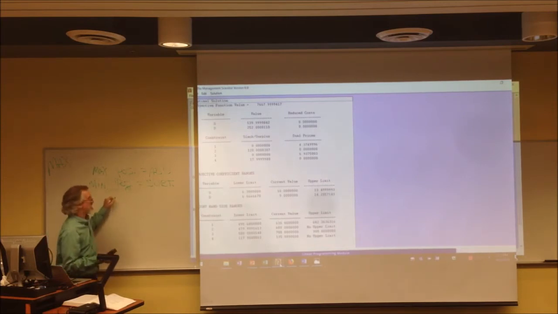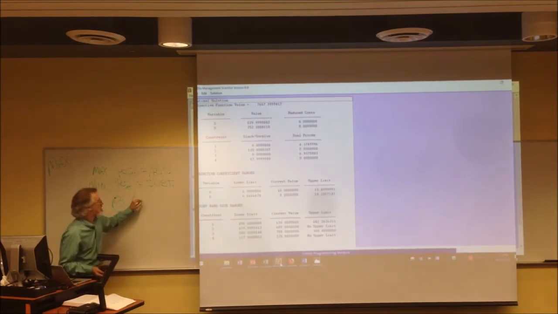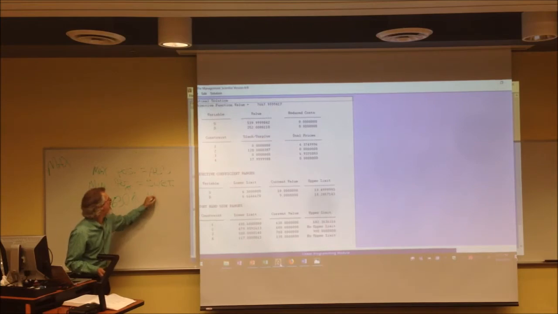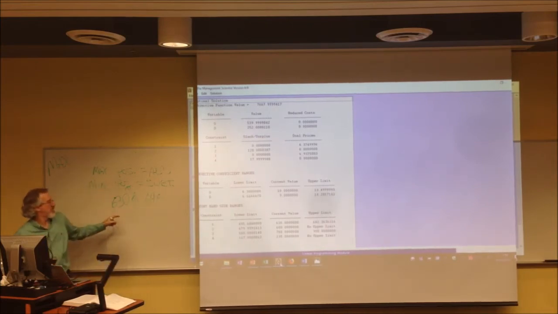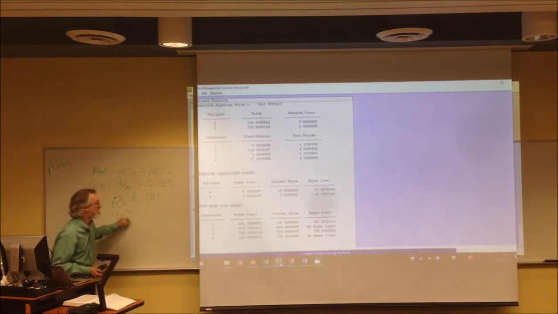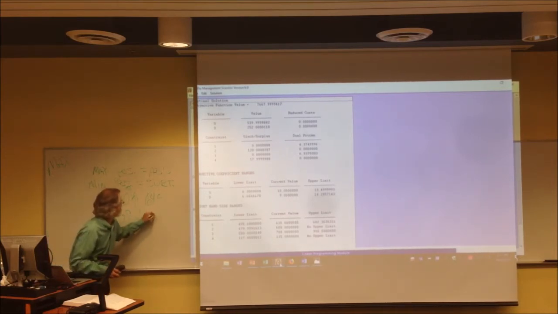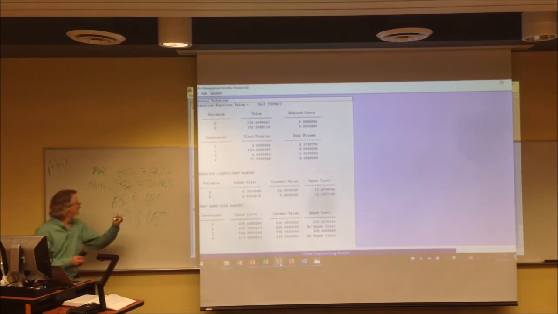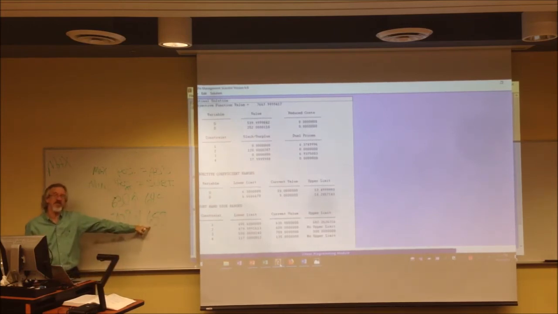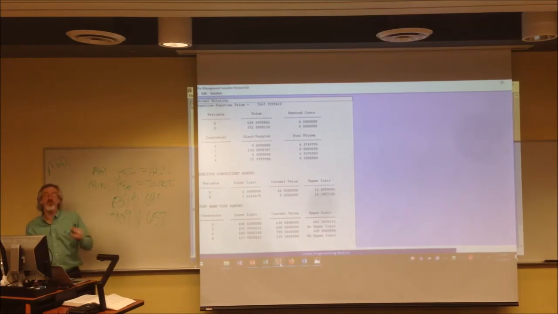So 630 is going up to 645. And the other department, 708, is going down to 658 hours, and the third constraint, or the third department, 630 is going up to 645.